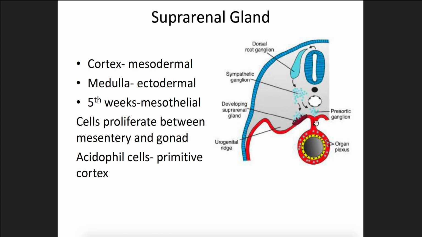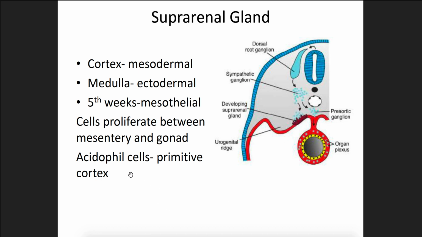So between the root of the mesentery and the gonadal ridge, you will have proliferation of cells, and these cells will aggregate and transform into acidophilic cells, and they will form the primitive cortex.